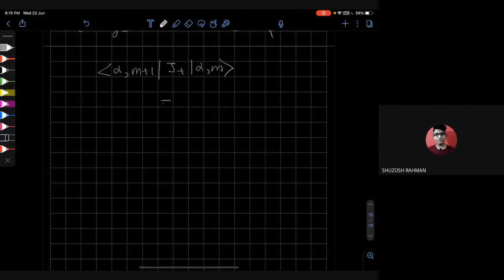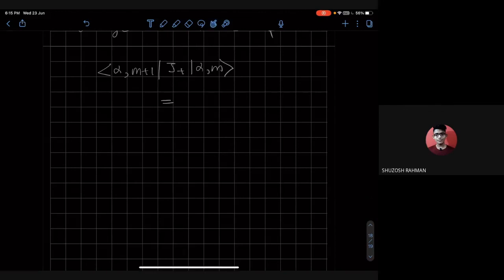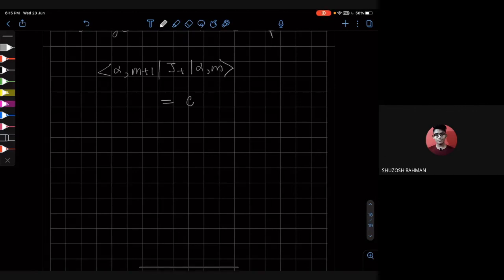So this thing, j plus acting on this, gives me c m plus 1, and then I have alpha m plus 1 alpha m plus 1. So this thing gives me this times this. But of course, these two are the same state, so I just get 1 here. So I get c m plus 1 as a result.